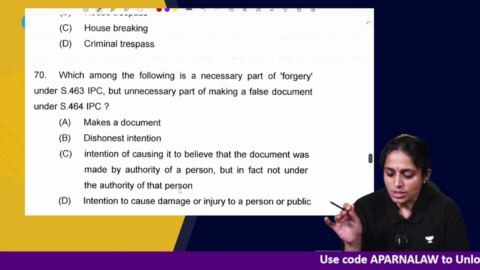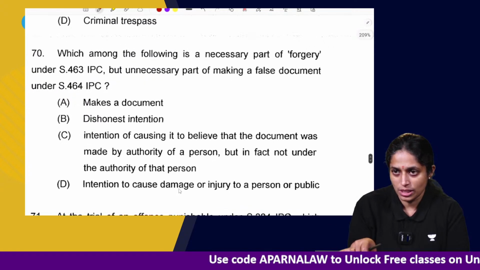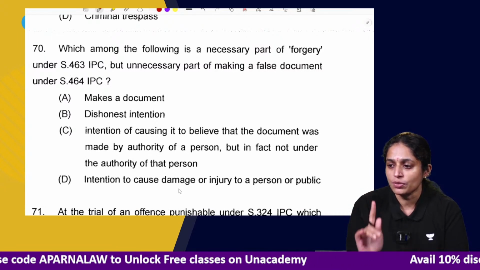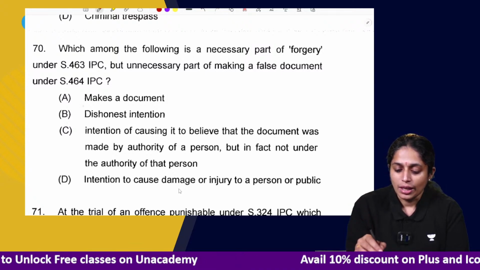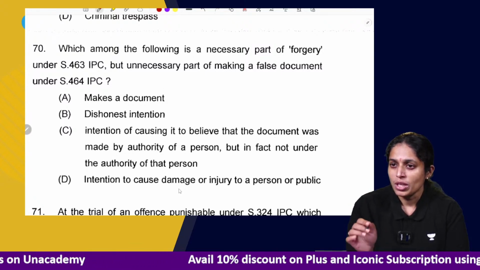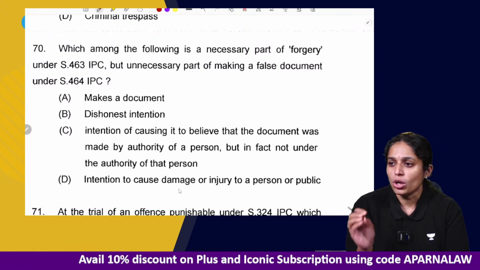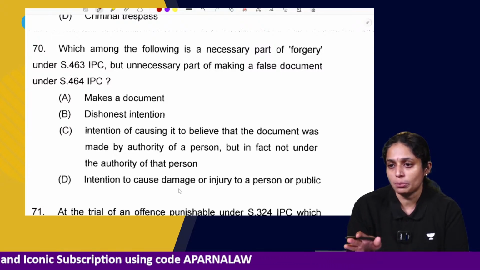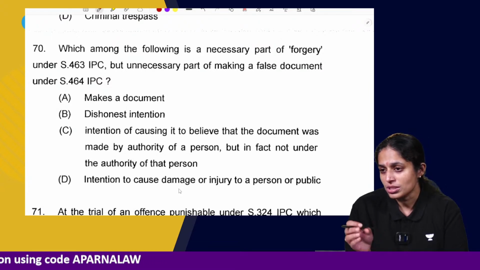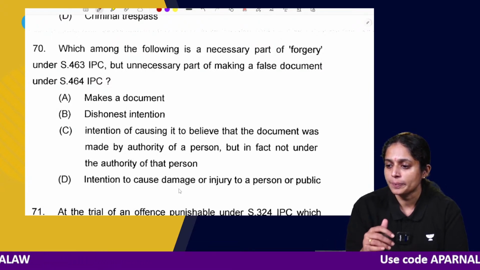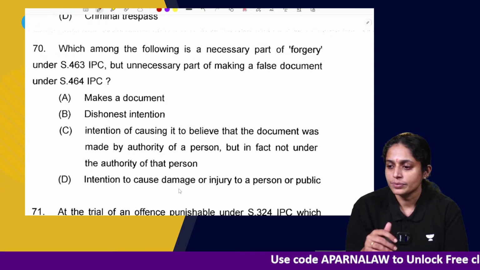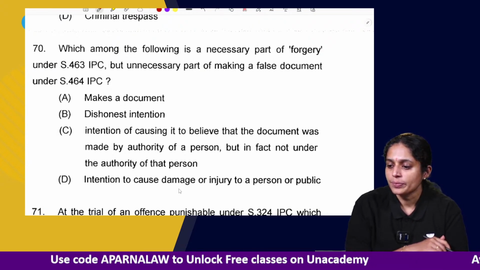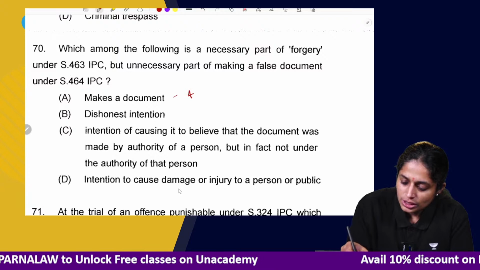70th question. Which among the following is a necessary part of forgery under section 463 IPC but unnecessary part of making a false document under section 464 IPC? A. Makes a document, B. Dishonest intention, C. Intention of causing it to believe that the document was made by authority of a person but in fact not under the authority of that person, and D. Intention to cause damage or injury to a person or public. See, this is an ingredient of section 463.